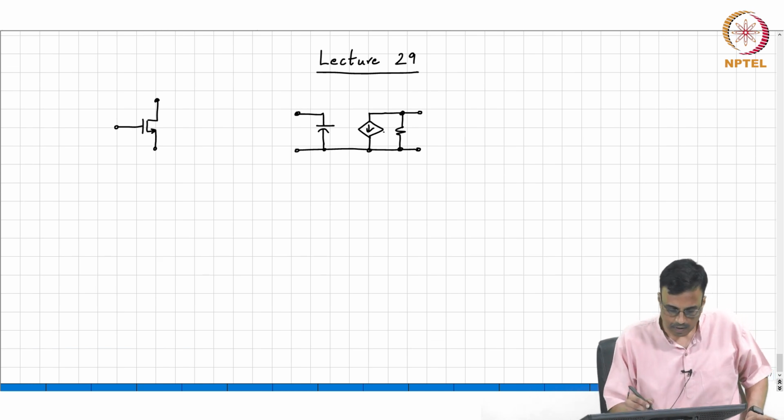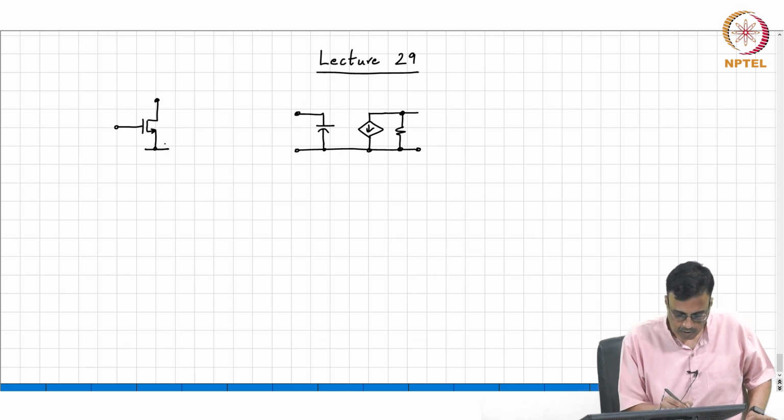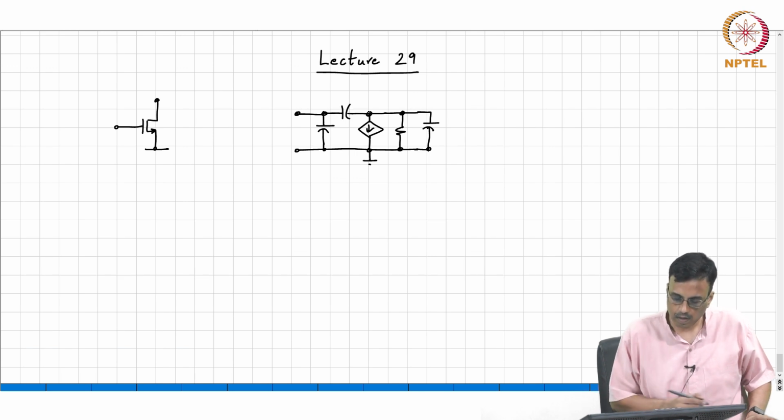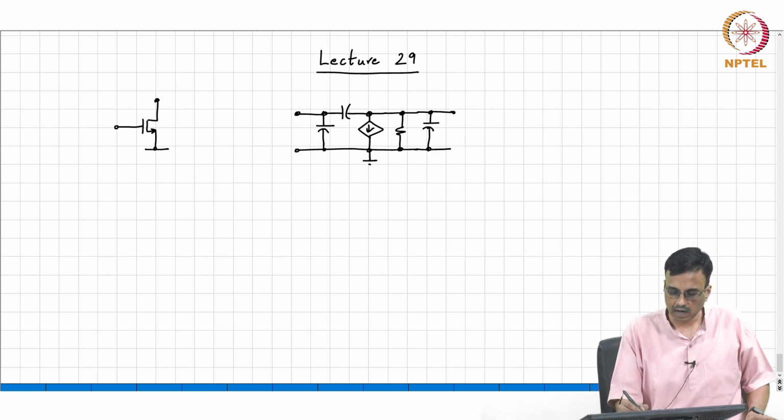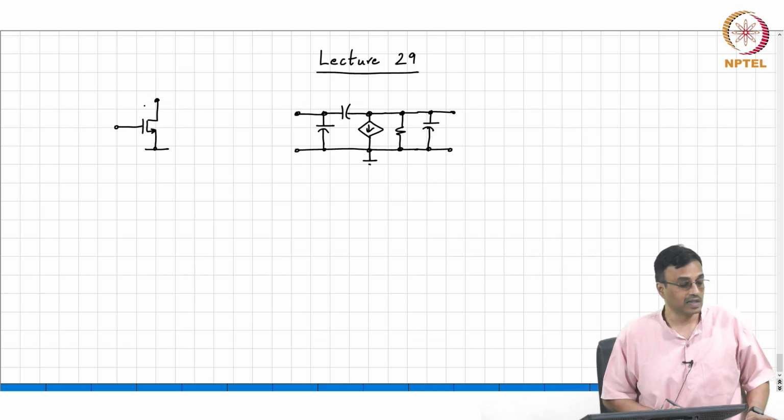So if the source is grounded, then this is grounded. So, this is basically the model for the MOS transistor when the source terminal is incrementally grounded.